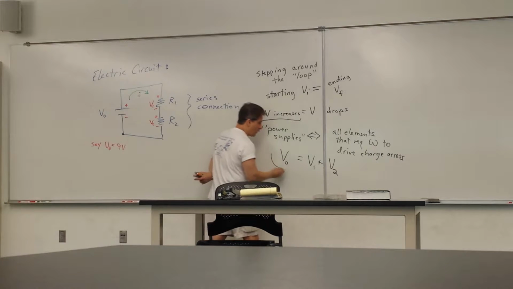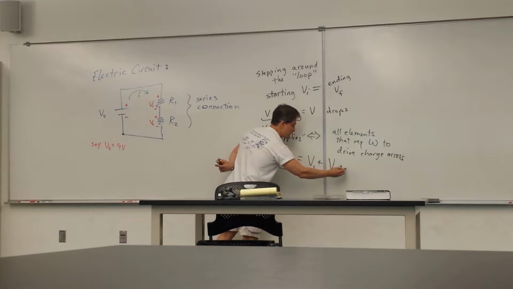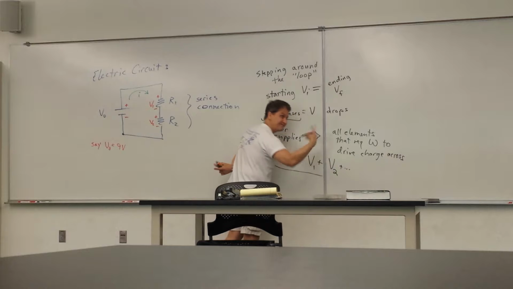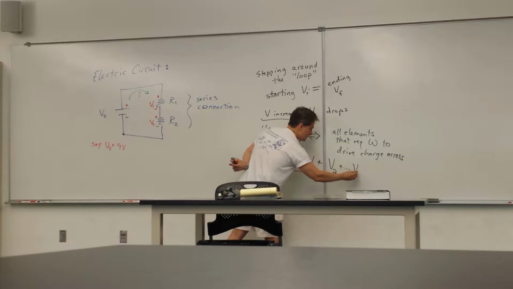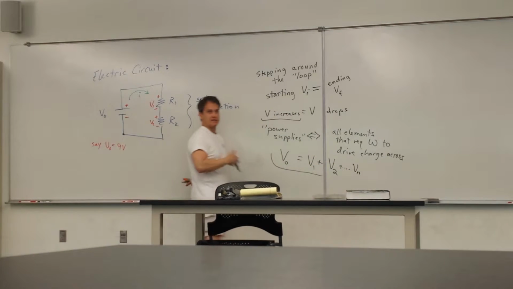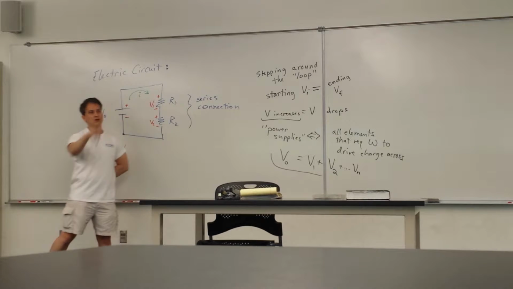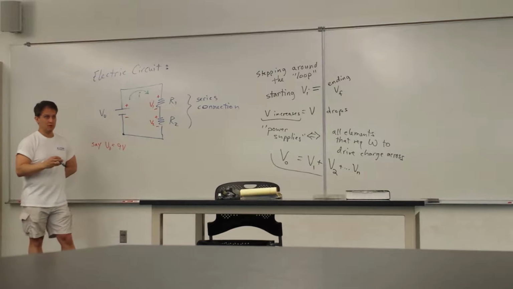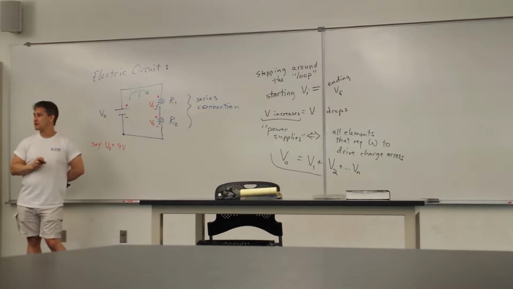And this is always the case, and if you have other resistors or other elements, then however many voltage drops you have across any loop, you'll have this basic relationship always.